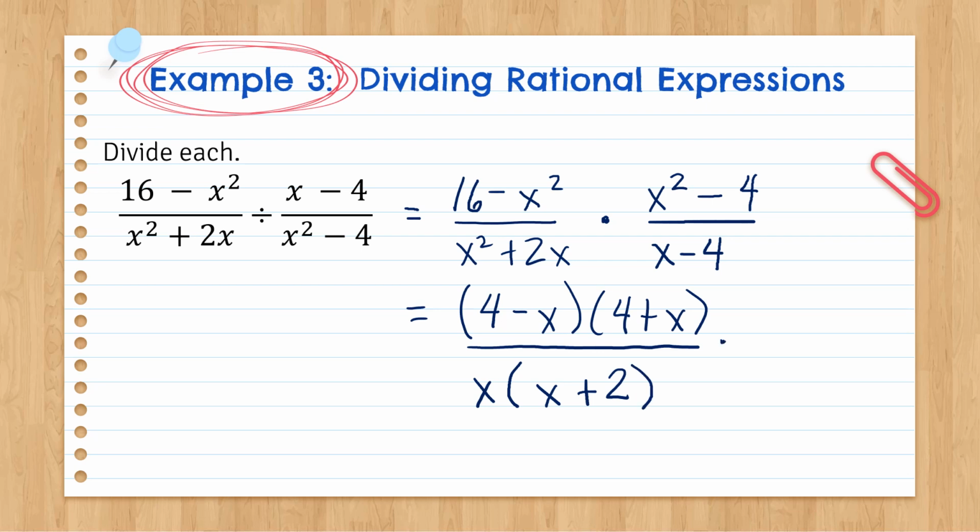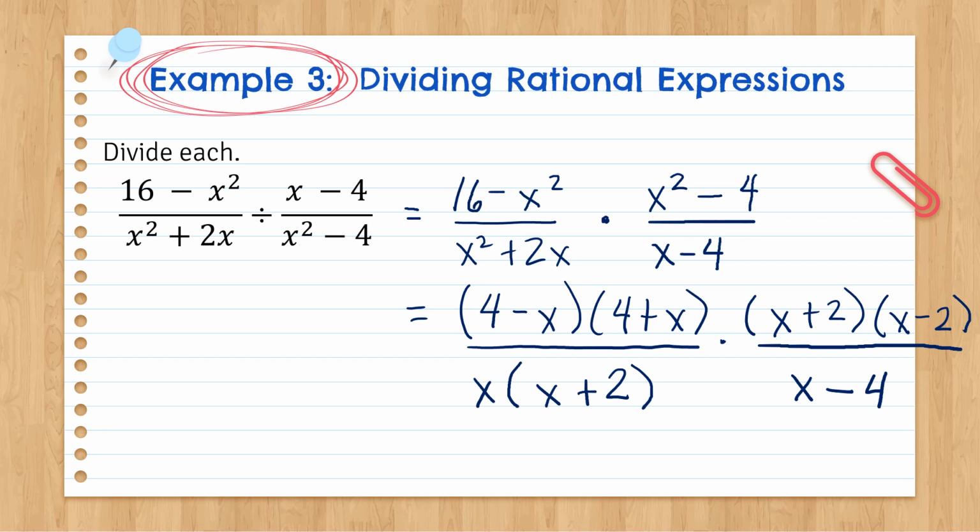For the other fraction, it has factors of x plus 2 times x minus 2. As you would notice, it is also written as a difference of two squares. X minus 4 does not have any other factors, so simply write it.